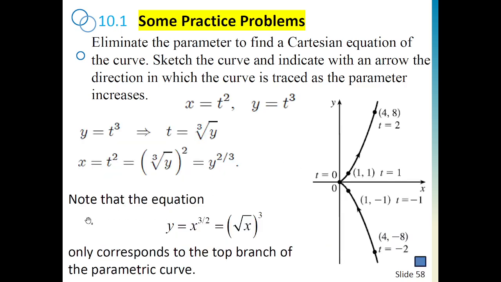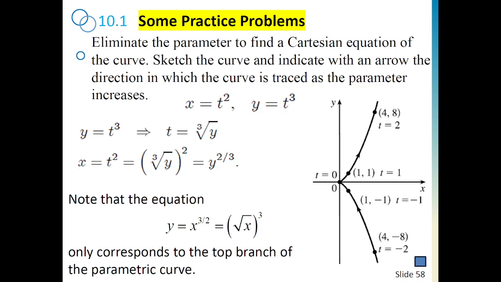So natural tendency is to use this here to write, because here we have x equal t squared, so here is t squared times t, right? So it's x times radical x, so we'll have x to power 3 over 2. That's natural tendency. However, what we realize, yes, x is positive only, but y is also positive only.